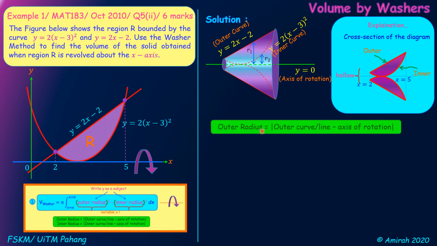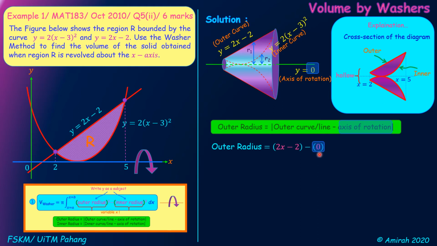Outer radius equals the modulus of outer curve or line minus axis of rotation. So outer radius equals, we replace the outer curve by 2x minus 2, and then minus the axis of rotation, which we replace by 0.